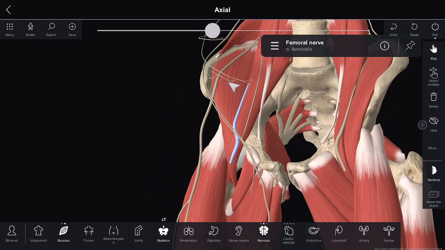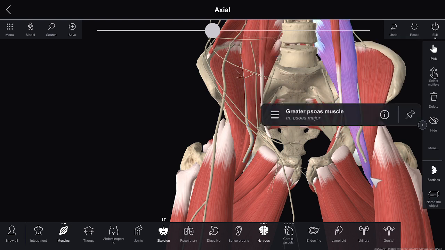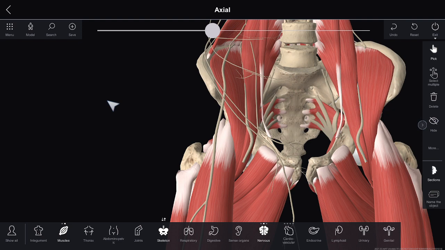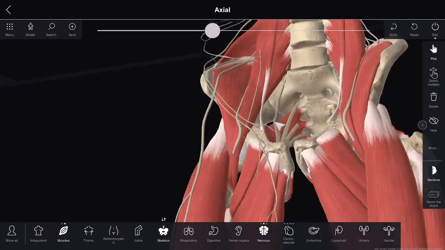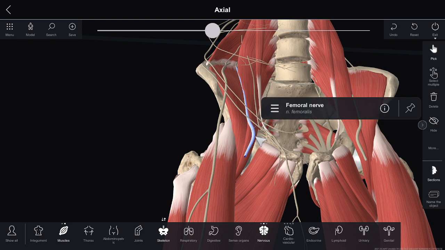It appears between musculus iliacus, here it is, and psoas major. Here we shall find it, and on the left side also. Later, it divides in different branches.